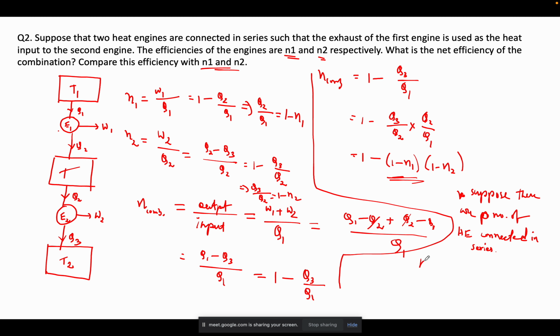In that case my eta combined will be 1 minus the product of 1 minus eta 1 times 1 minus eta 2 times 1 minus eta 3 and so on up to 1 minus eta p. This will be your answer. Clear? If you have any doubt you can ask.